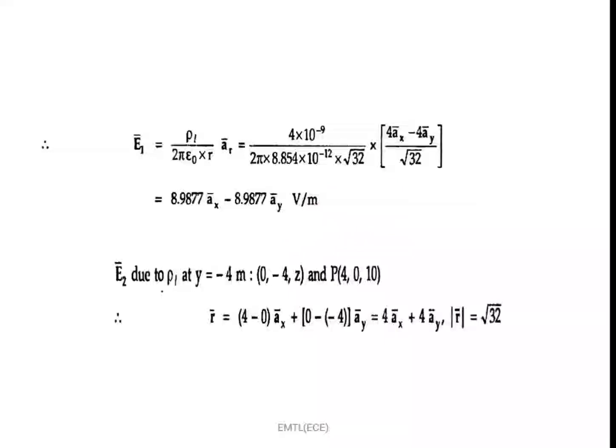In a similar way we have to determine the value of E2 bar due to rho 1 at y equals minus 4 meters. Now the position vector between these two points is (4 minus 0) ax bar plus (0 minus of minus 4) ay bar. There is no electric field intensity along the z axis. Now the R bar vector is 4 ax bar plus 4 ay bar, and the magnitude is root 32.